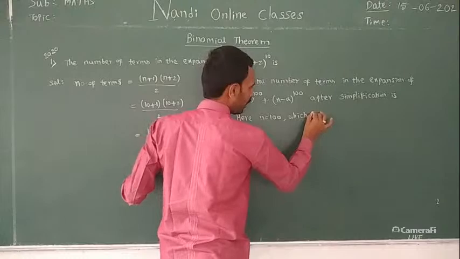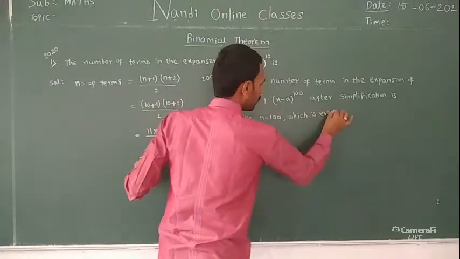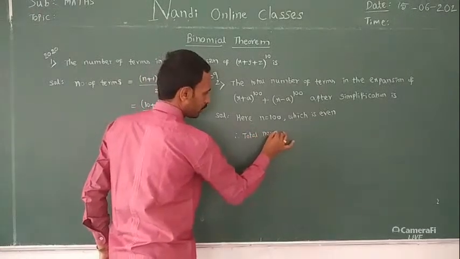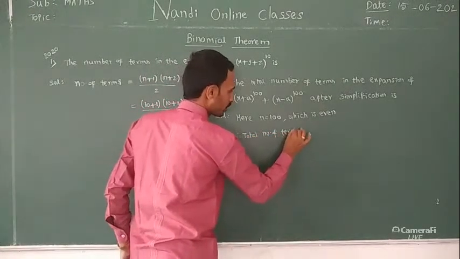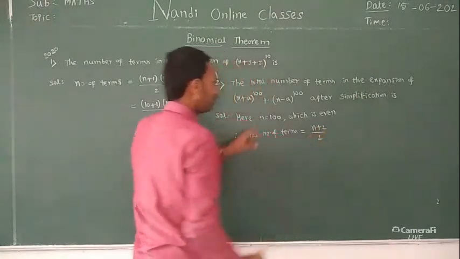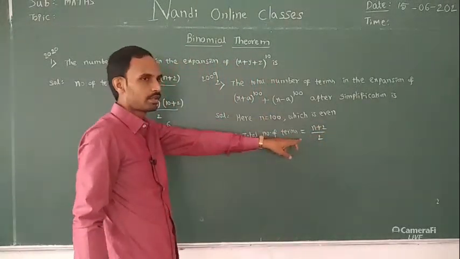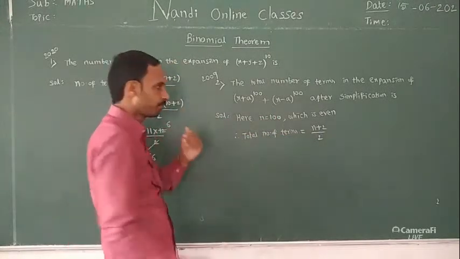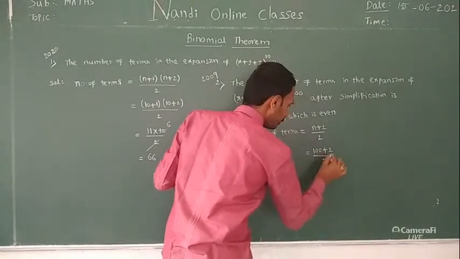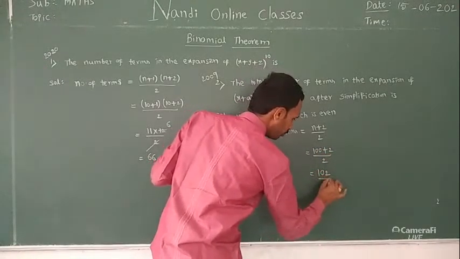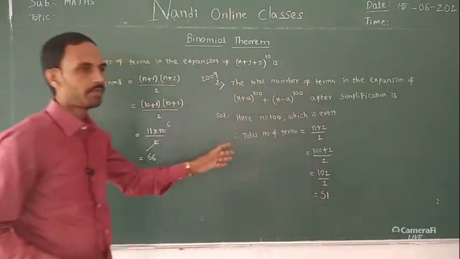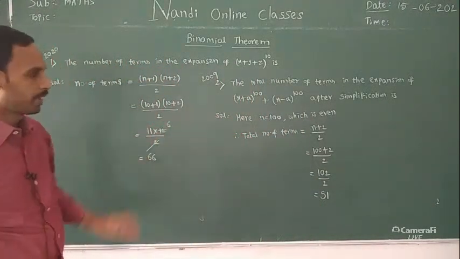Therefore the total number of terms formula is n plus 2 divided by 2. Middle plus is there, so this is the formula. Suppose minus is there, n by 2. Put n value: 100 plus 2 by 2 is equal to 102 by 2 is equal to 51. So the total number of terms in that expansion is 51. Write it.